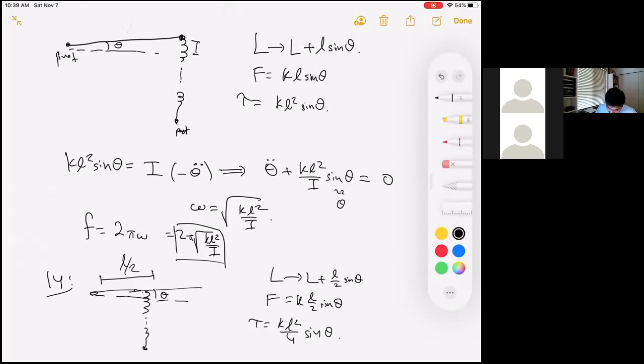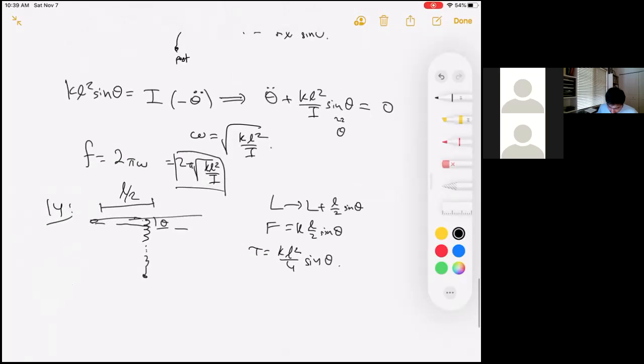So if you see what's going on in our equation, I'll just skip some of the algebra, but what you can see is that the equation now becomes this, and again, if we approximate sine theta to theta, this tells us that the omega is the square root of that coefficient, which we can see is 1/2 of the original omega.